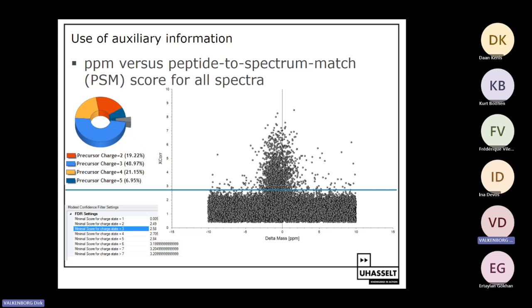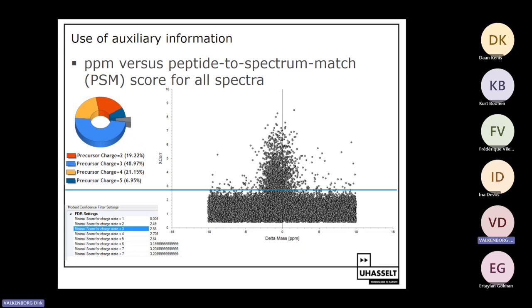You can see that in our search, we allow an error tolerance of 10 ppm on our mass spectrometer. 10 ppm, that's a lot of error tolerance. And you can see that the sequences that are falling in the neighborhood of -10 or +10 parts per million all have low scores.